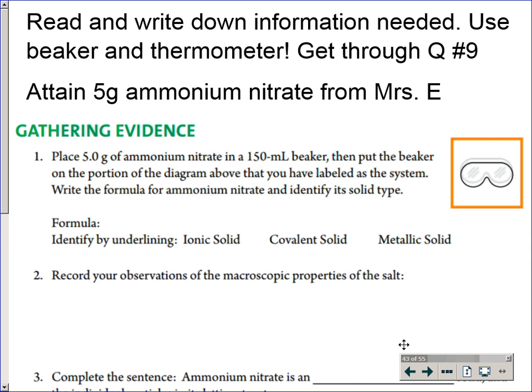It's okay if your beaker is over 150. Read every piece of instructions so you're following the right steps.